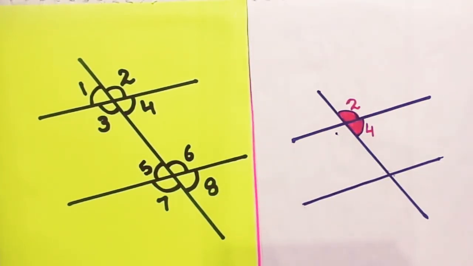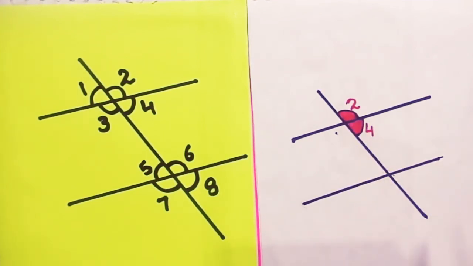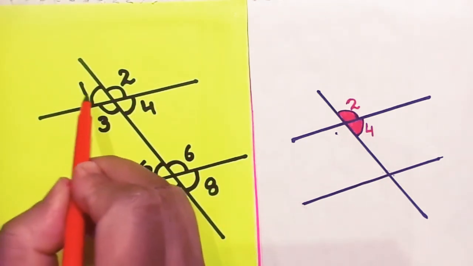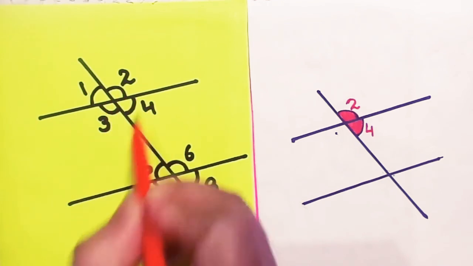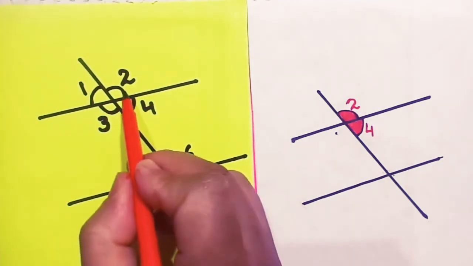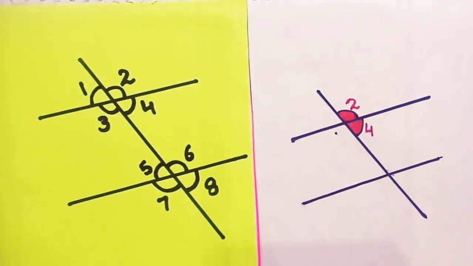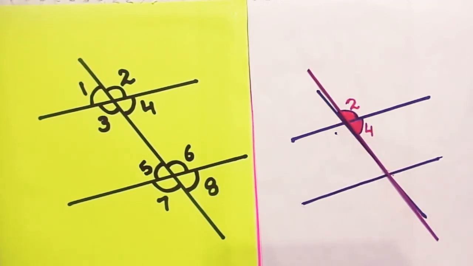Have a look. They are asking you 2 and 4. So what we are going to do, we will just hit the bull's eye. Means we will only look at the angles we have been asked. Now have a look. If we forget everything, we find that a straight line stands on another straight line.